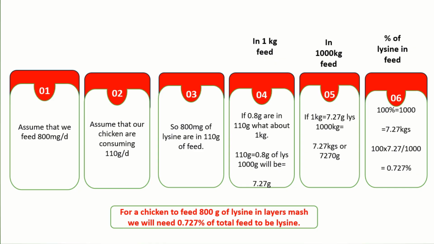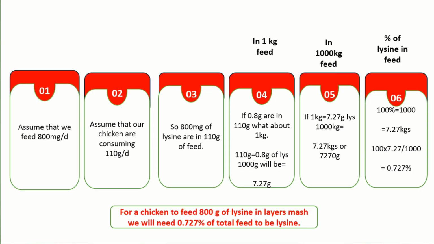We are going to determine the percentage of lysine in 1 ton of feed. In step number 1, we are assuming that we are feeding 800 milligrams of lysine per day. In step number 2, we assume that our chickens are consuming 110 grams of feed per day.